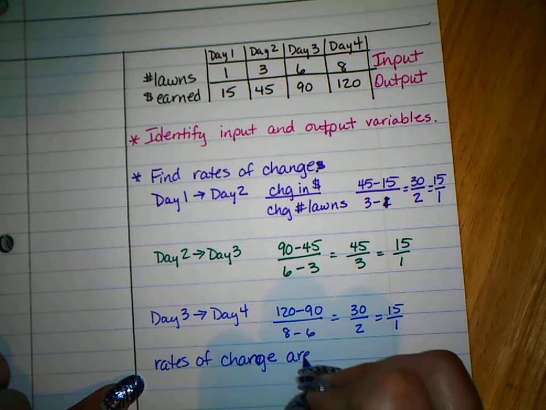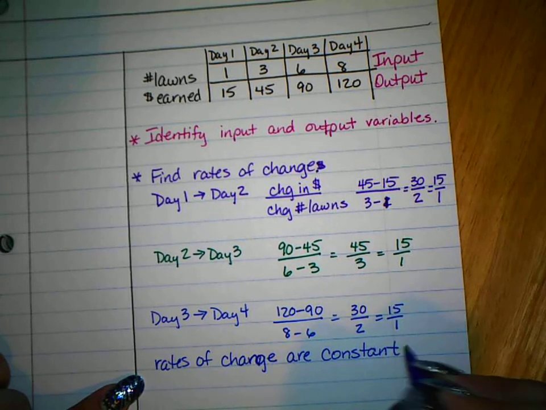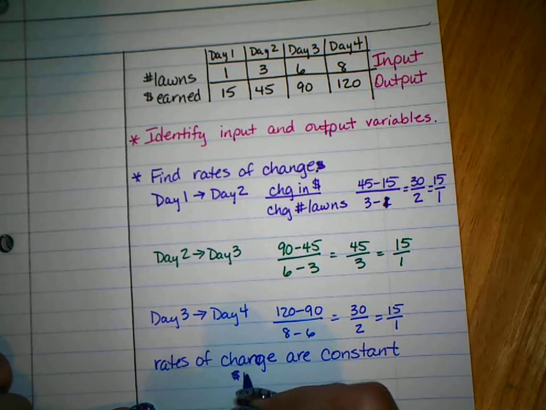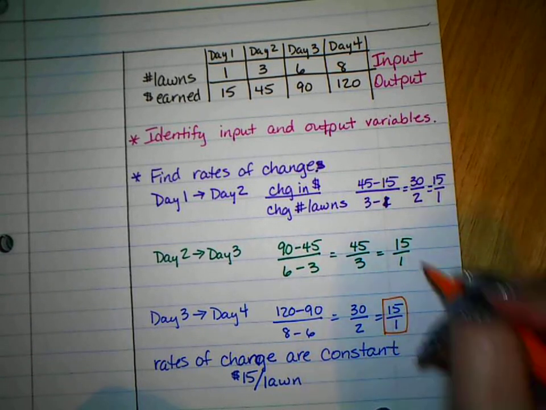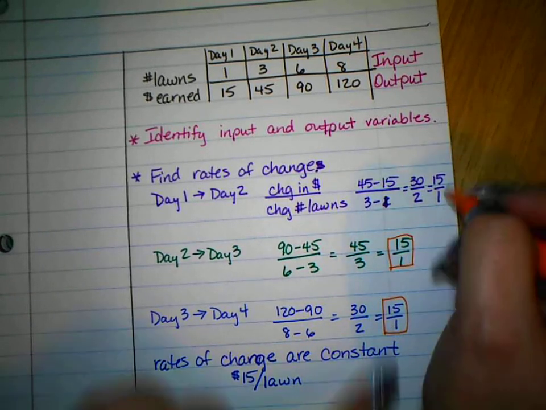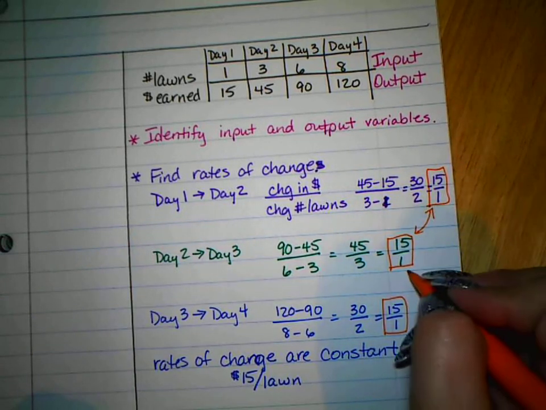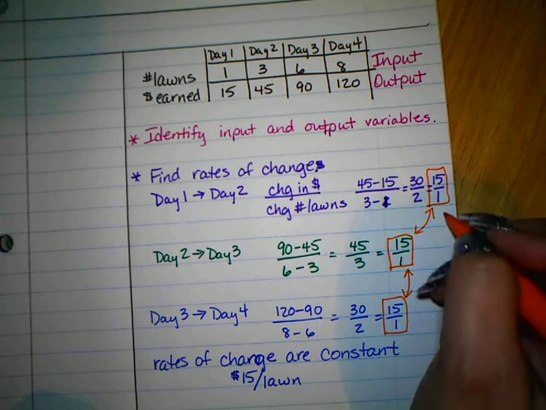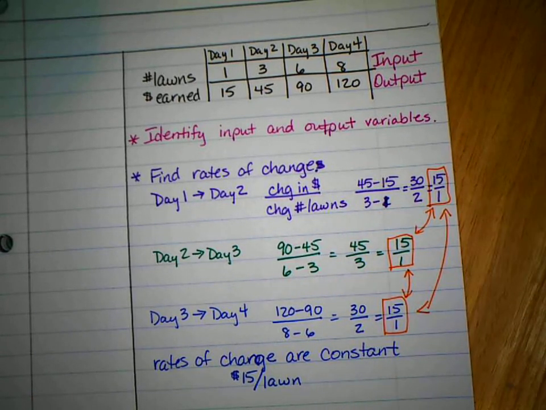They don't change. It's $15 per lawn. And I see that here where I reduce those changes and they all equal each other. They're all the same.